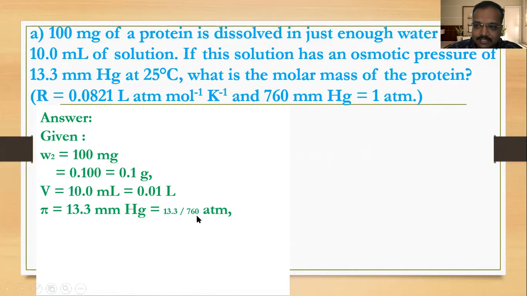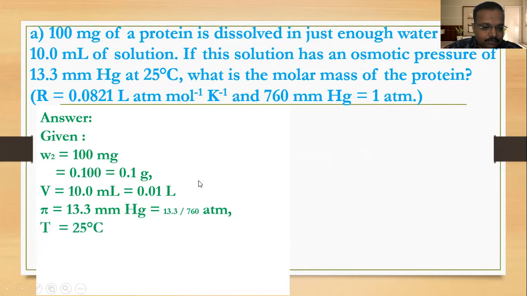Just write it as 13.3 divided by 760 in terms of atmospheres; later along with the calculation we will do it together. You have to write in atmospheres because the gas constant R is also in liter atmospheres per Kelvin per mole. These things must all match each other, that's why we are converting it.